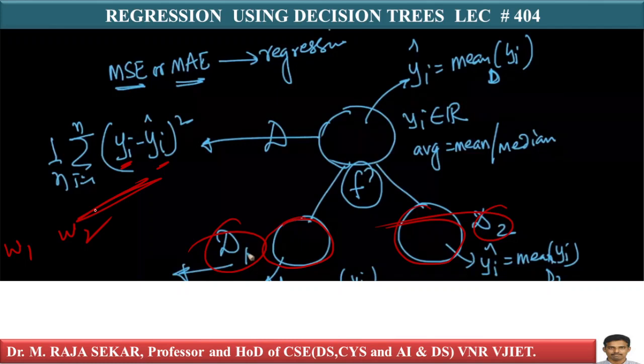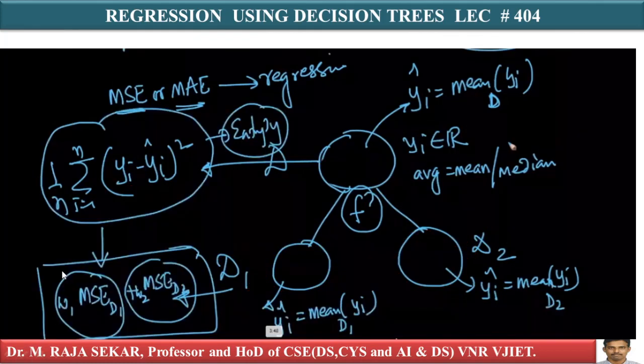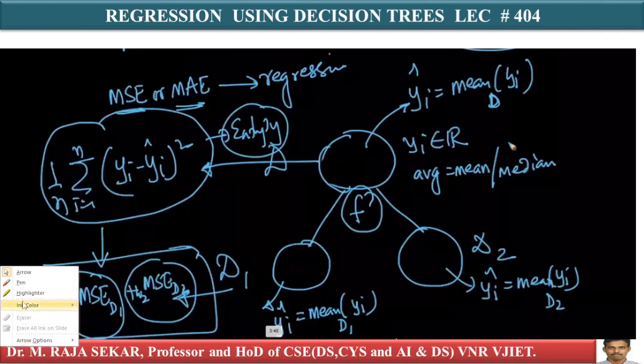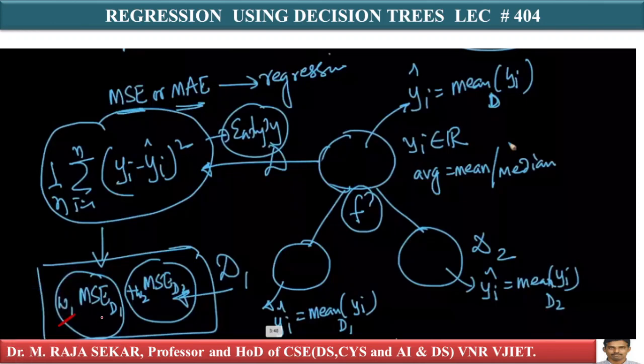So here I have the weighted sum of mean squared errors at this stage. How can I calculate the mean squared error at this stage? Just see this one: W1, that is weight 1, times the mean squared error at data set D1, plus W2 times the MSE at D2, isn't it?